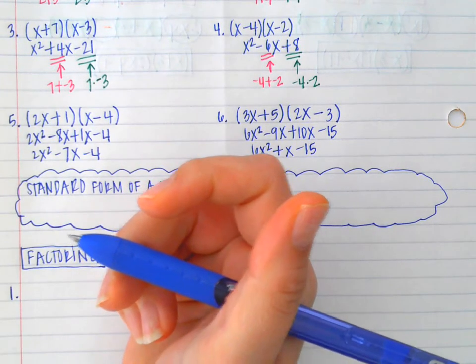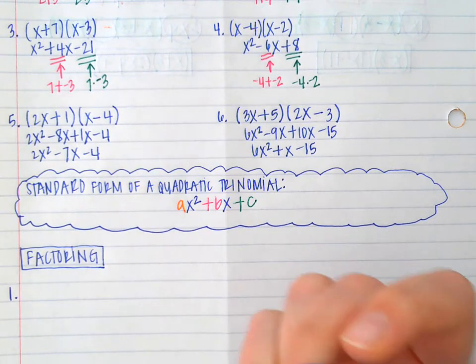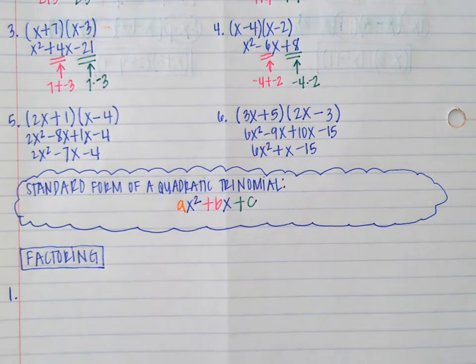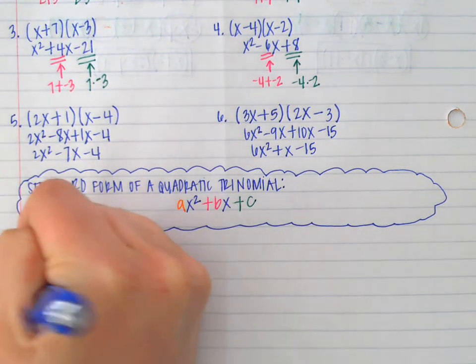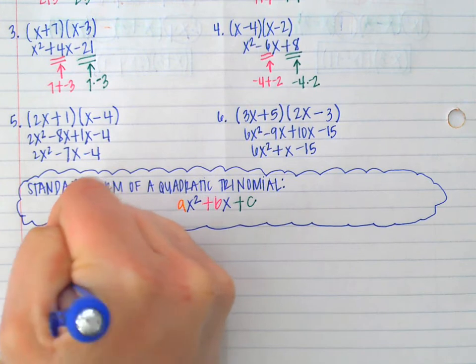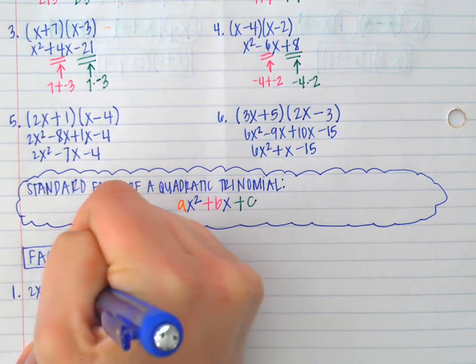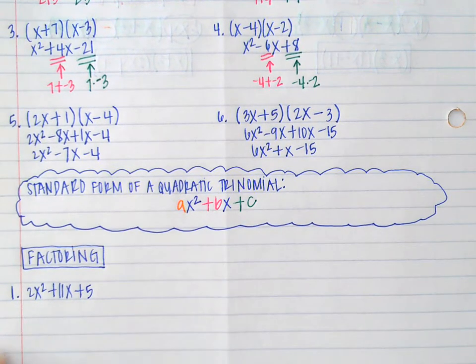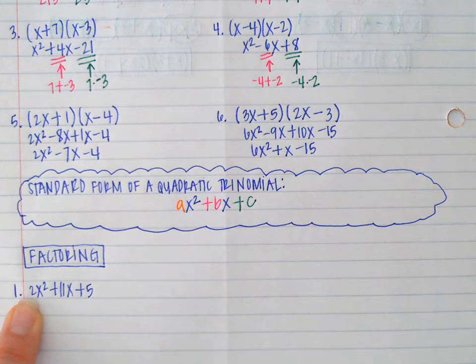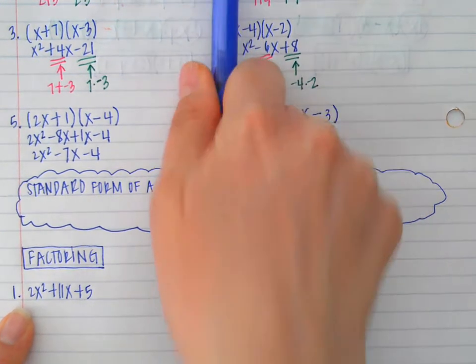And the first problem I'm going to factor is going to be 2x squared plus 11x plus 5. So notice a is greater than 1, or a doesn't equal 1 like our title says.